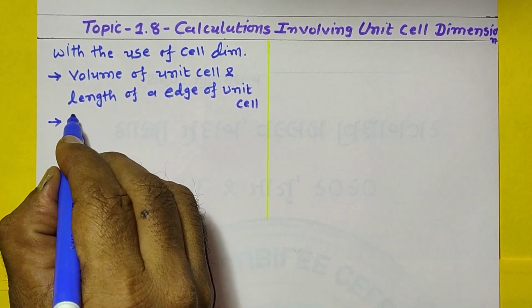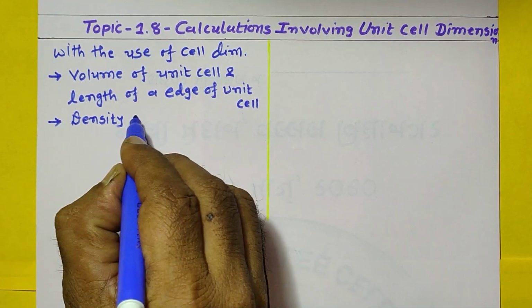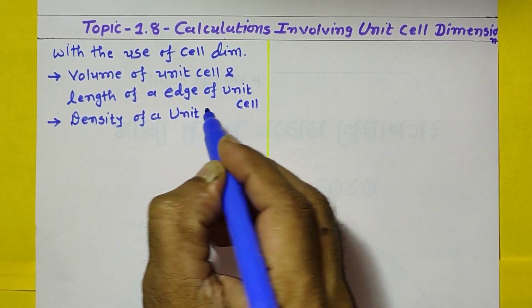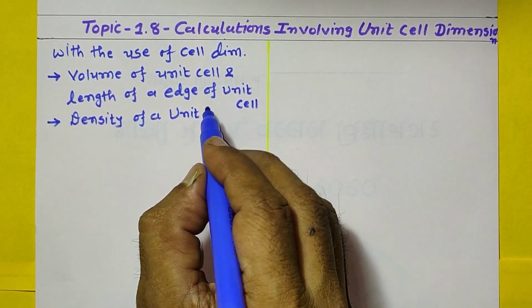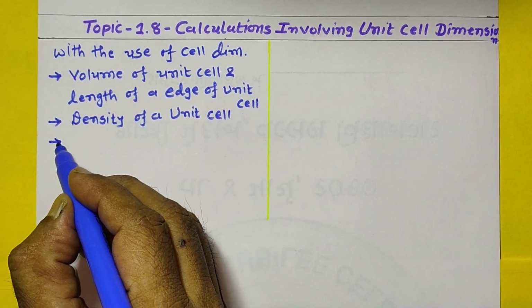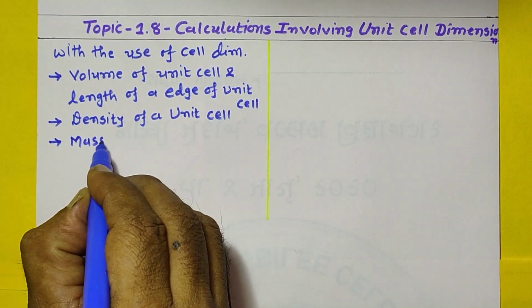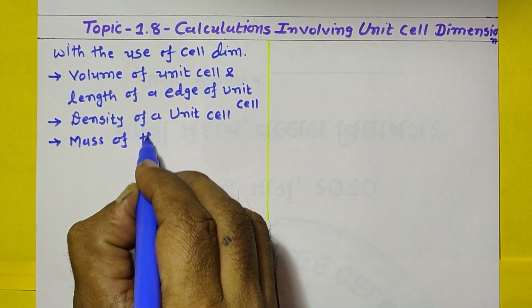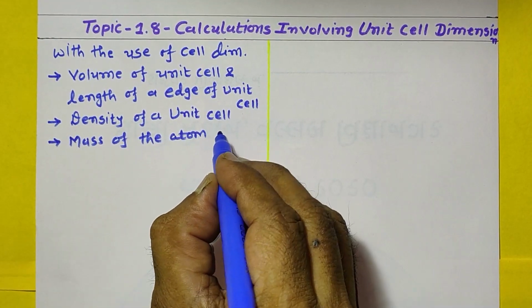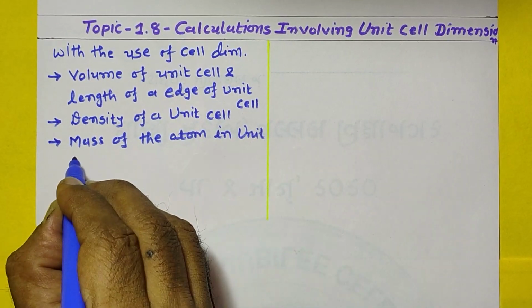Second point, the density of a unit cell. We know that density is equal to mass upon volume. Third point is the mass of the atom in unit cell.